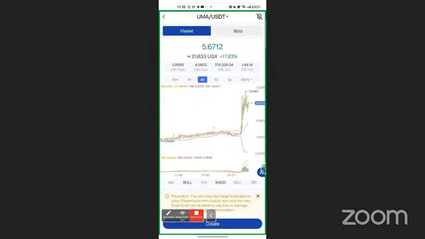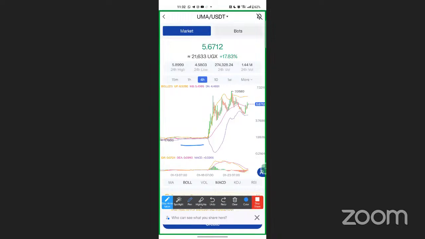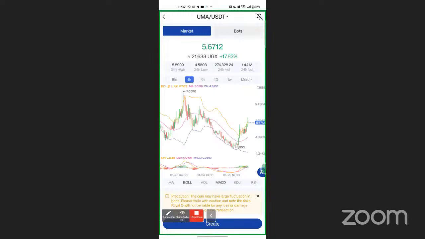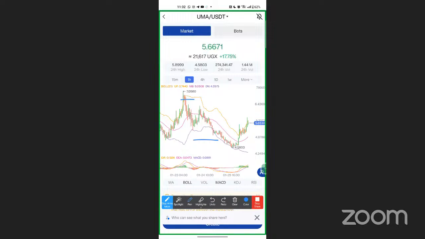Let me take you to 4 hour time frame. The Bollinger Band uses the system, the squeeze, then a bubble. The bubble could go down, the bubble could go up. Okay, you see this was a bubble. Now a simple squeeze, then a bubble.